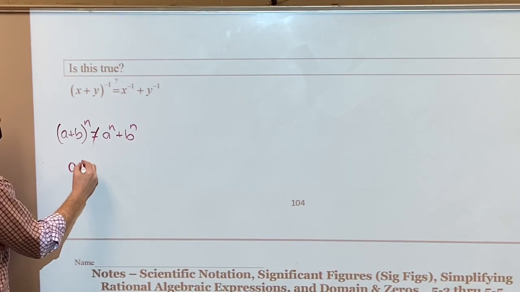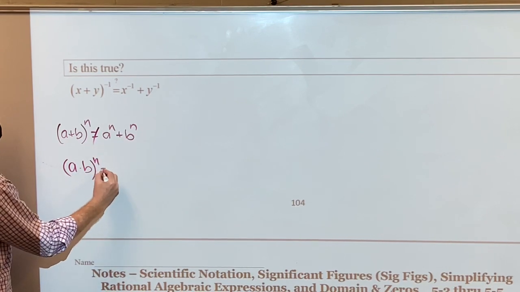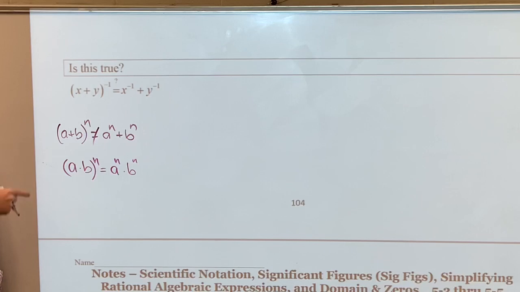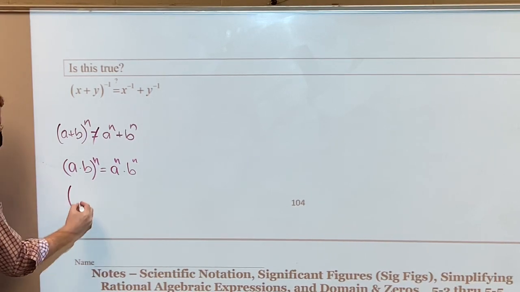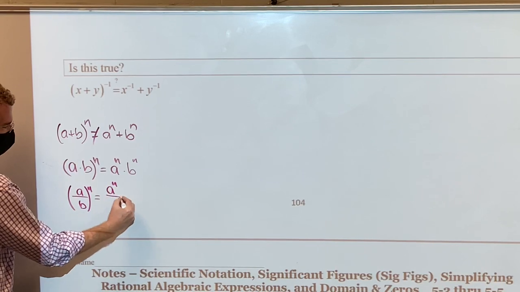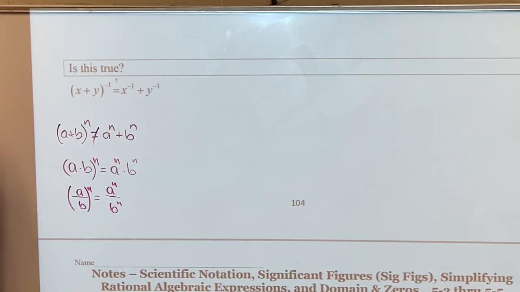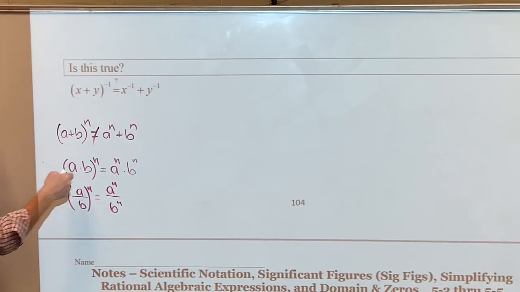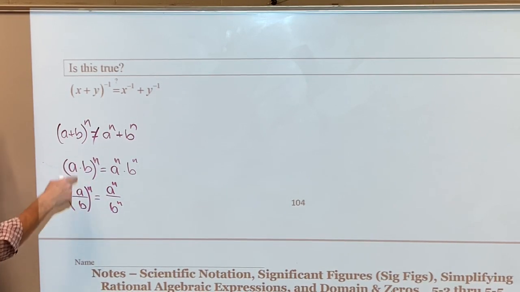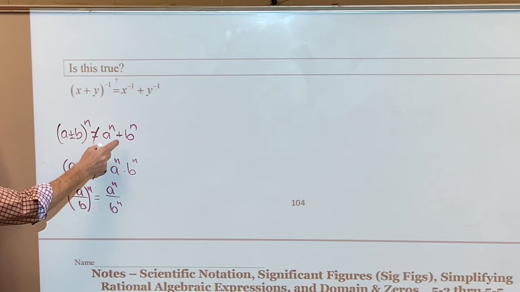Is this true? That is true. Is this true? That's true. If you're only dividing and multiplying, you're raising everything in there to a power. When you are adding and subtracting, that is not true.